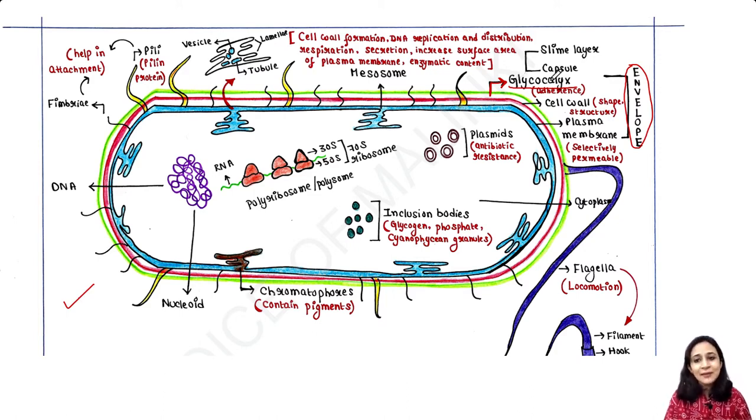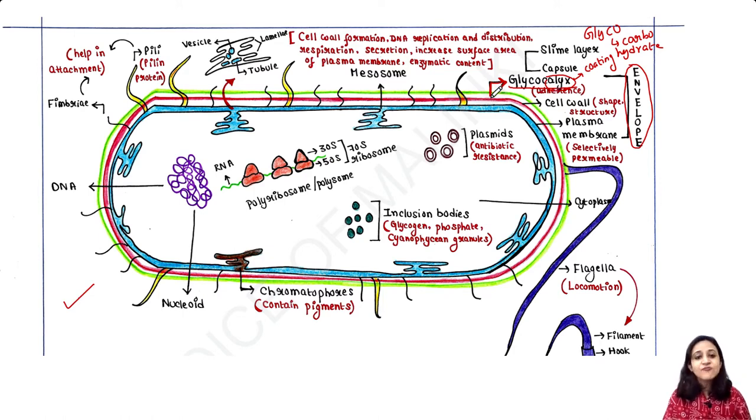From the name itself you can understand, glyco means carbohydrate and calyx means coating. So it is the carbohydrate coating that is present outside the cell.